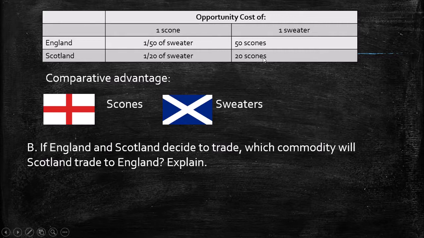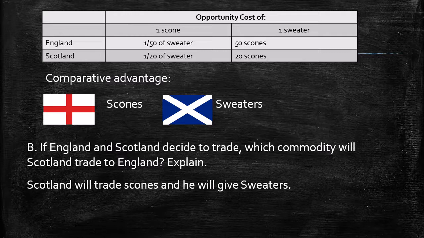So the next question: if England and Scotland decide to trade, which commodity will Scotland trade to England? Explain. Remember that the trade is going to be based on the comparative advantage of the country.